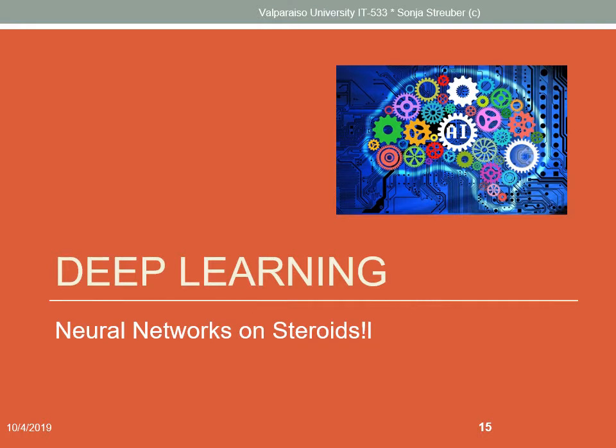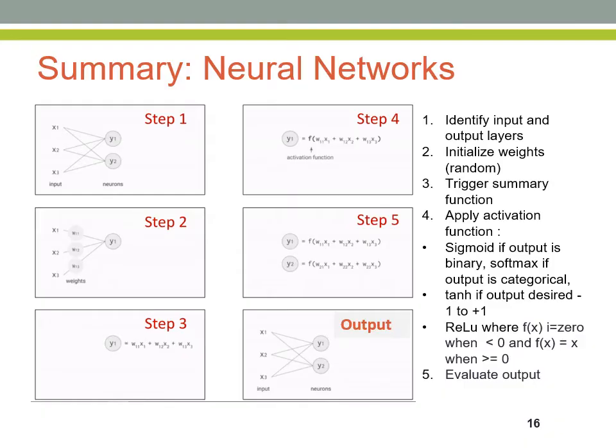So, how does deep learning work, technically speaking? Deep learning starts with neural networks. Here again is a summary of how neural networks work. And we can already see that there are a couple of issues that we need to manage, especially when we come to the output.